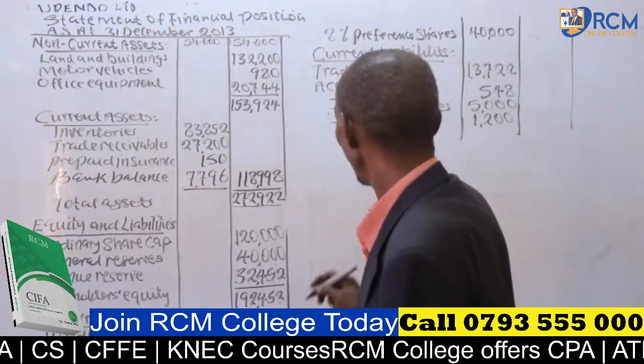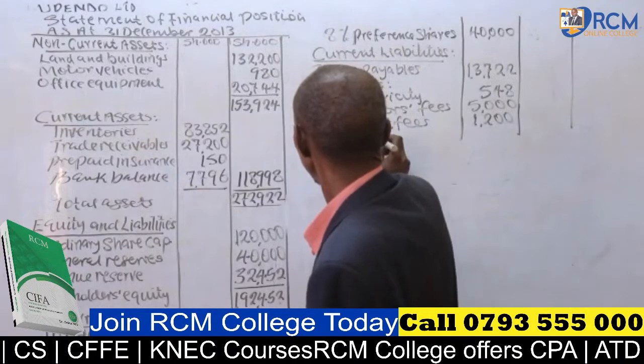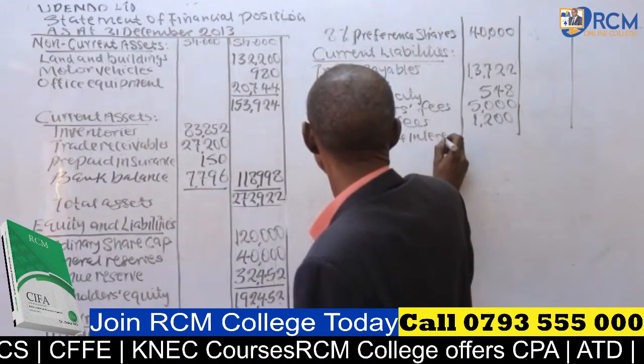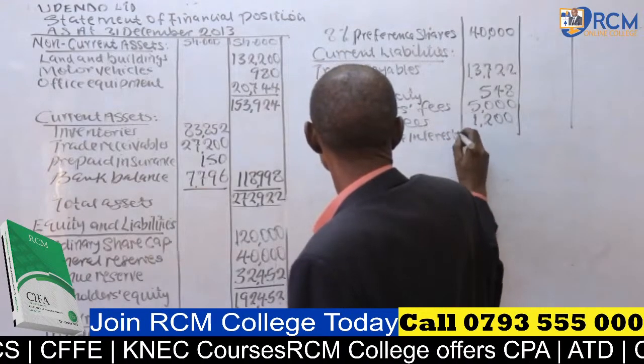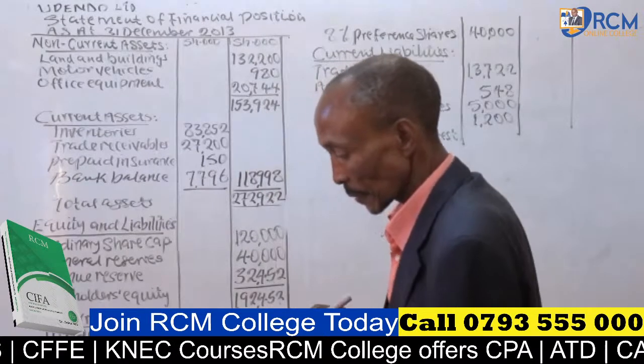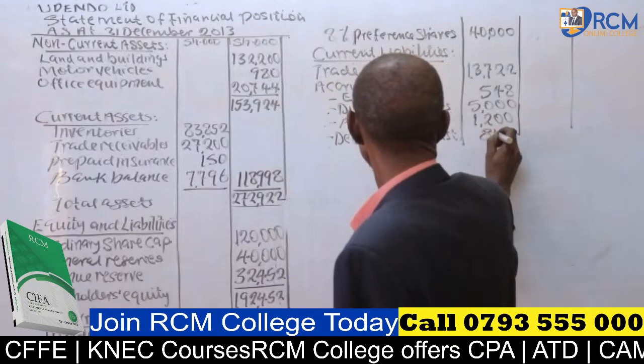Then debenture interest. The debenture interest, that was half of the total. That was 800.